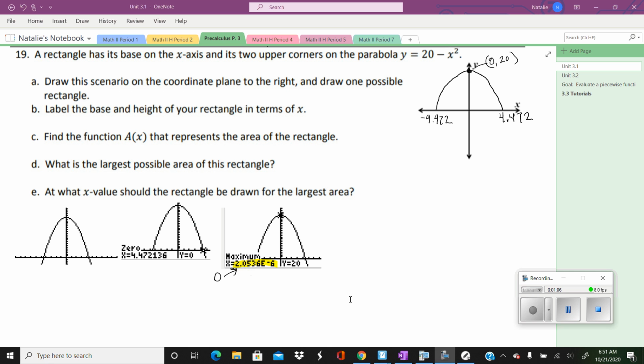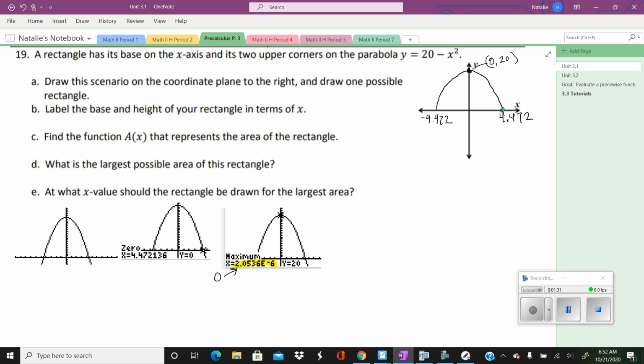Because our extended side stops at approximately 4.472, we know we're never going to have a rectangle with a side length x of more than 4.472. So a side length of 5 would be impossible. In my head, that helps me put some perspective to what kind of rectangle size I'm looking at. Now, they're not asking us for that in this case.